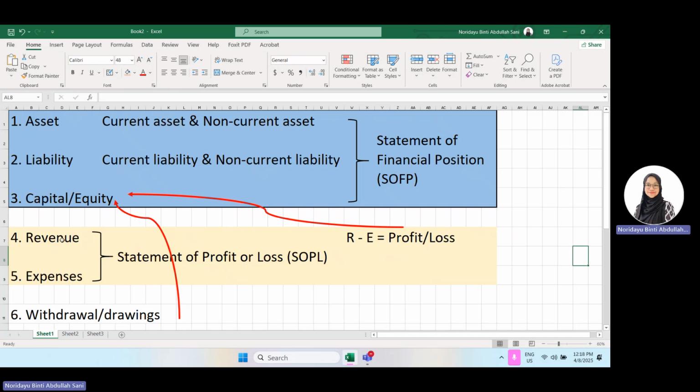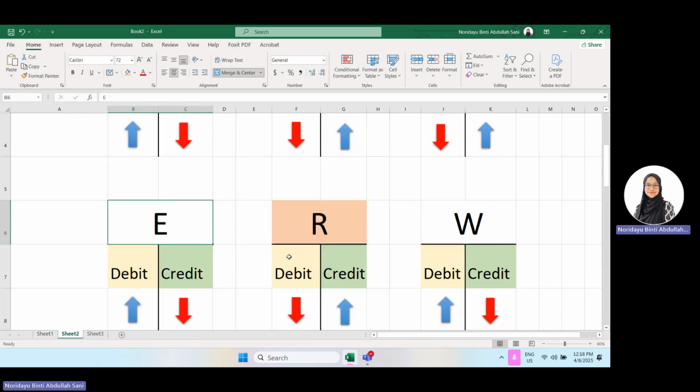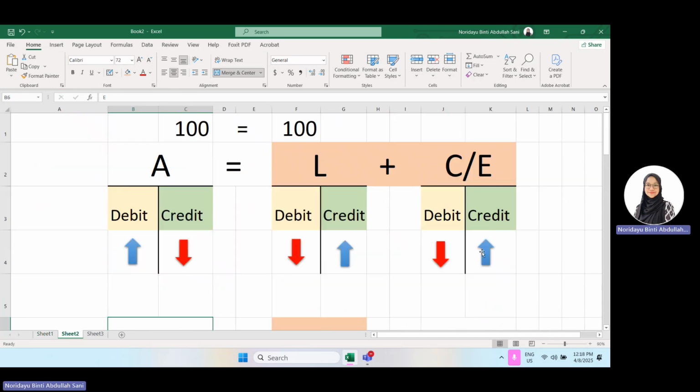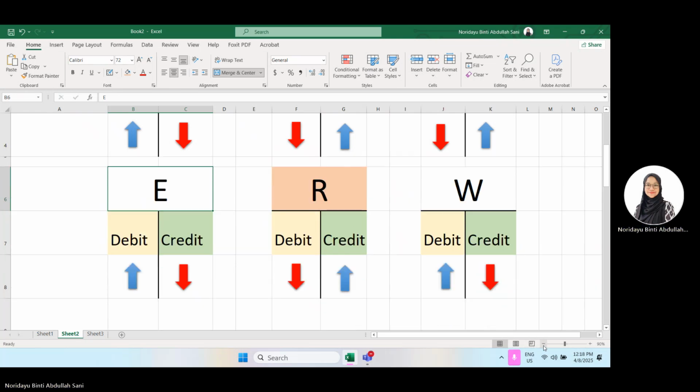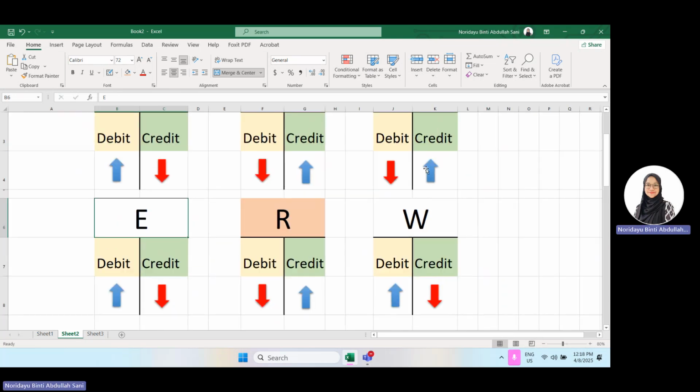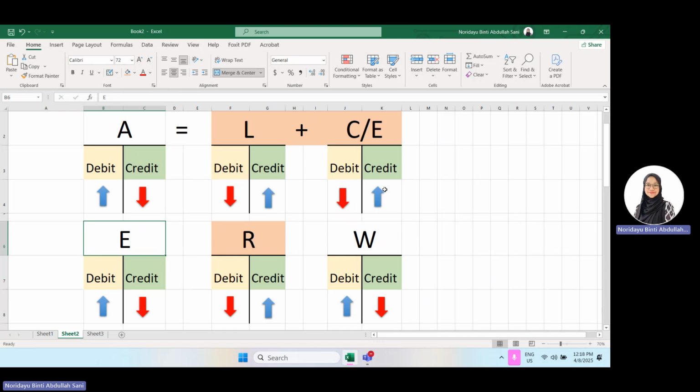So I can say that this revenue in nature should be equivalent to the nature of capital. Meaning, when my capital increases on credit, my revenue should also increase on credit.